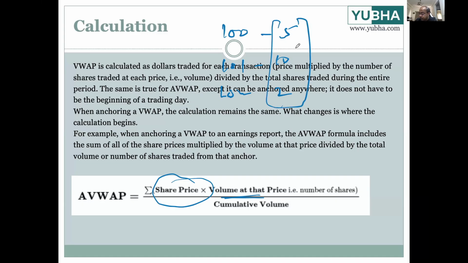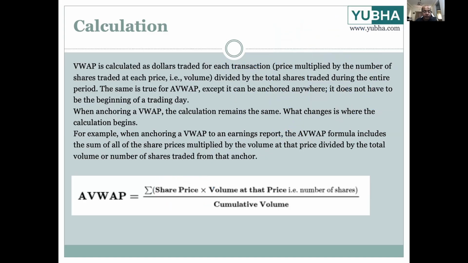You take all the price into volume, which is 500, 1010, and 102 into 2, which is 204. You sum it up and divide by the total volume traded, which is 70. Whatever that number comes to is the VWAP for that particular point of time.